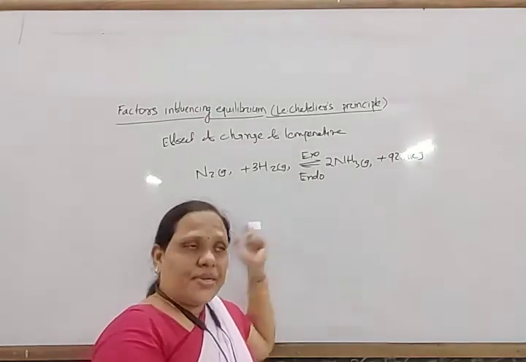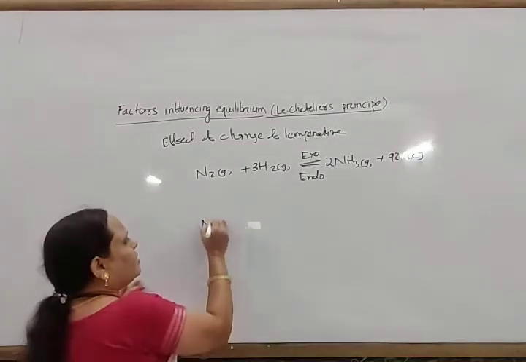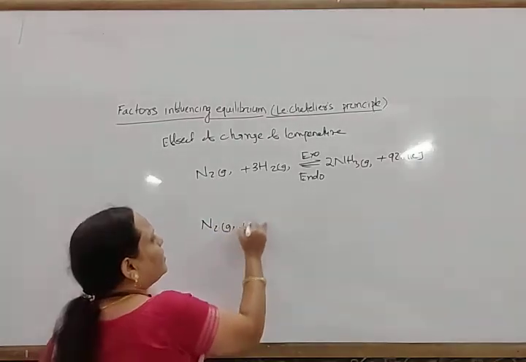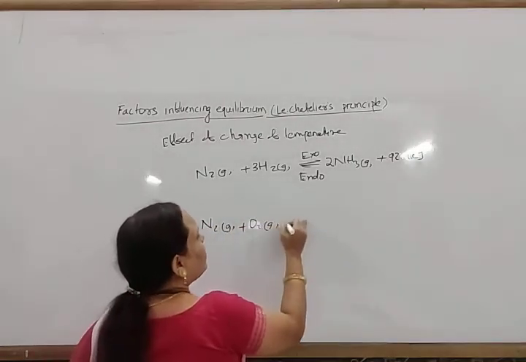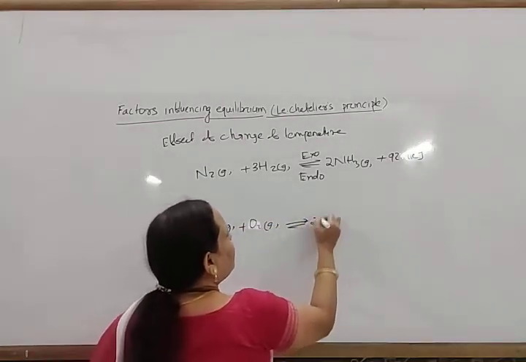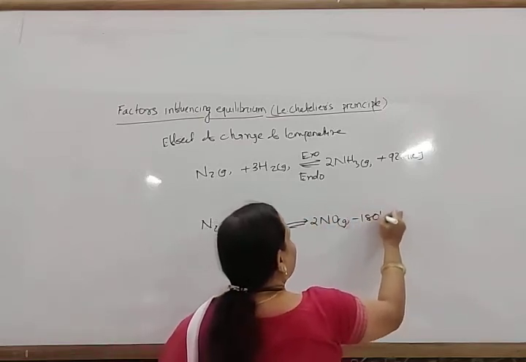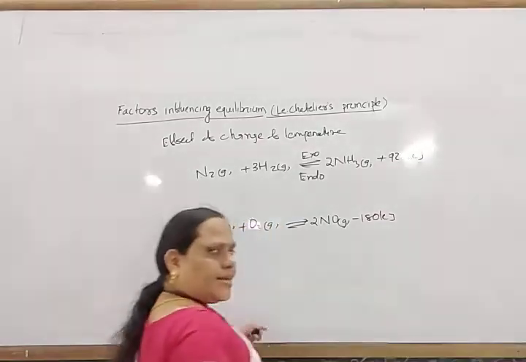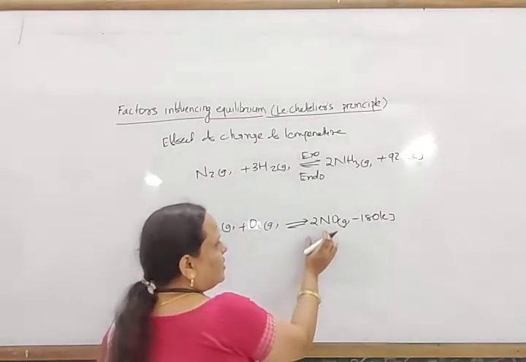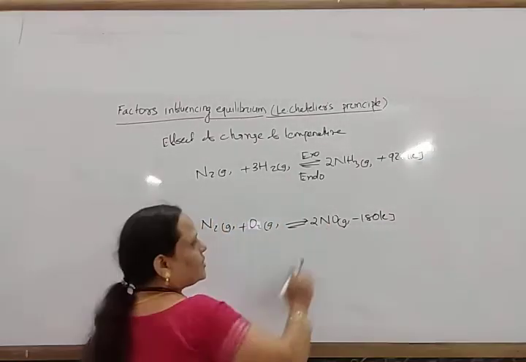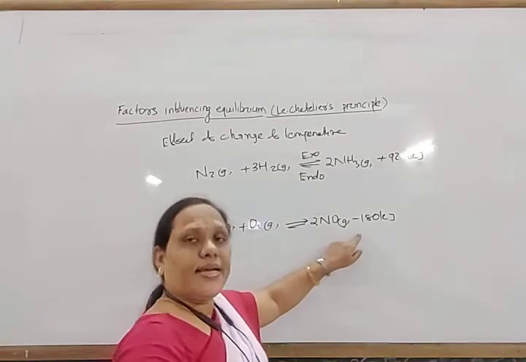Similarly, another example is N2 gas plus O2 gas giving rise to 2NO gas, minus 180 kilojoule of heat. So this reaction is endothermic in nature.